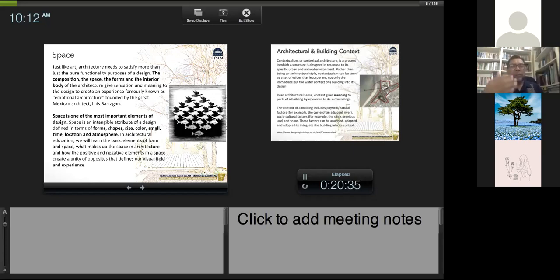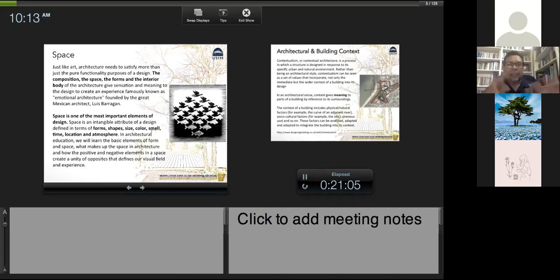So you must imagine that although you are actually doing a plan, you are thinking in three-dimensional. You should be able to imagine what this line is going to be. Is it going to be a solid wall, or an opening? Is it a railing? Is it a step down, step up?